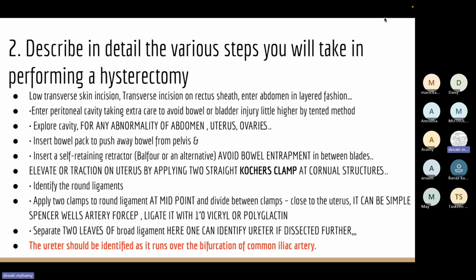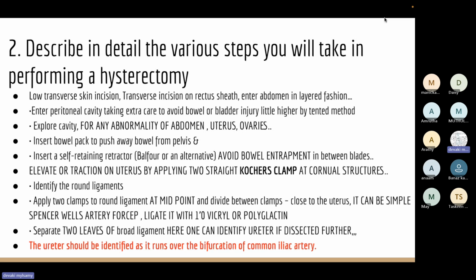Two Spencer Wells are applied to the peritoneum as high as possible, and after confirming there is no bowel or thick tissue, we open it by sharp dissection. That is the tenting method. At least say that you are not going to open it bluntly, because the chances of poking injury are very high.